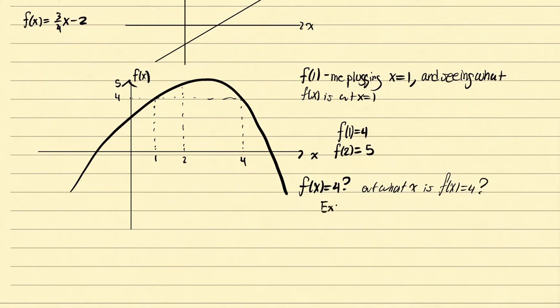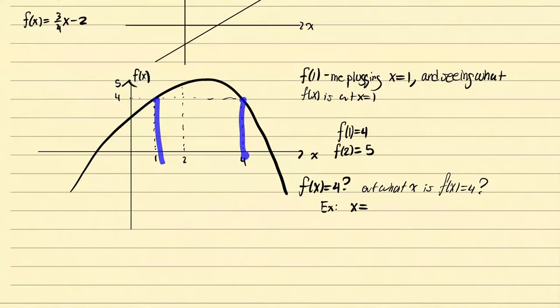At what values of x is f of x equal to 4? Well, f of x is equal to 4 at x equals 1 and x equals 4.